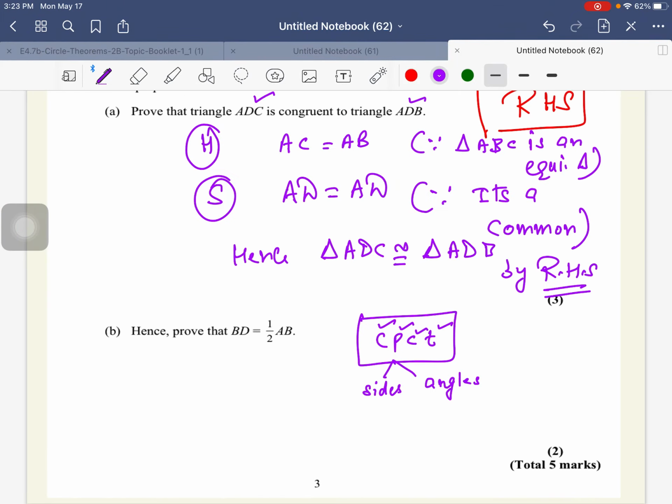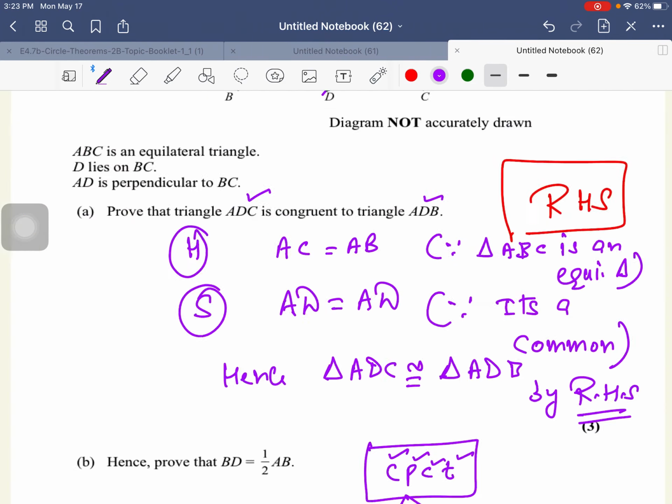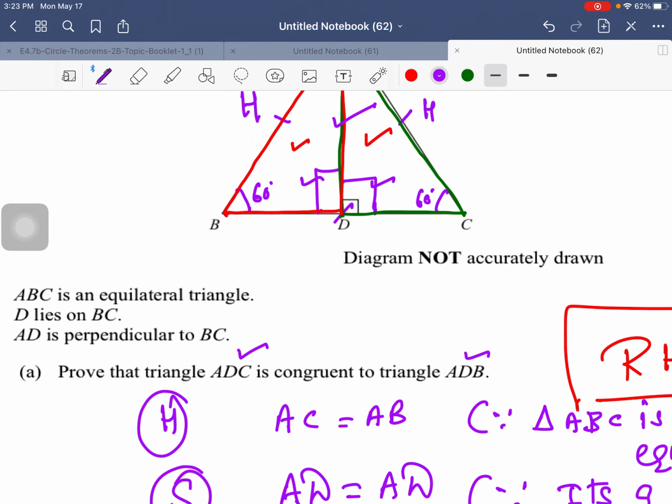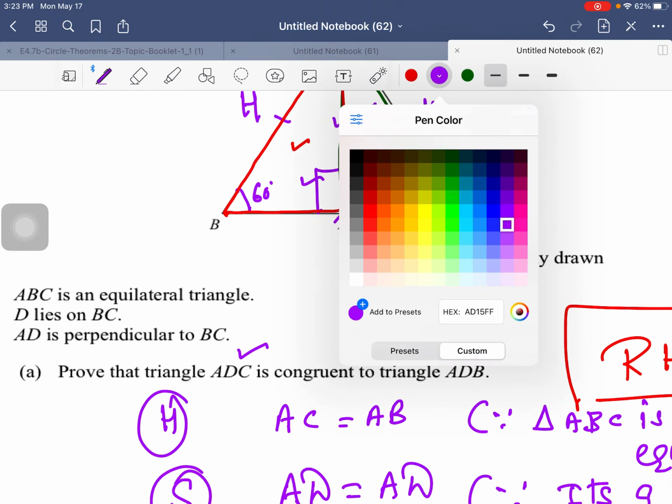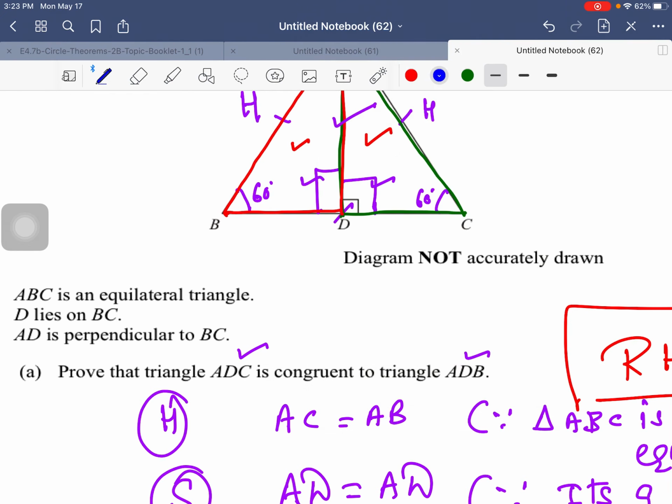Now we have to prove that BD is half of AB. BD is half of AB means we just need to prove that D is a midpoint, which we are not given. Midpoint means if I can prove that BD and DC are of equal length, it's done.